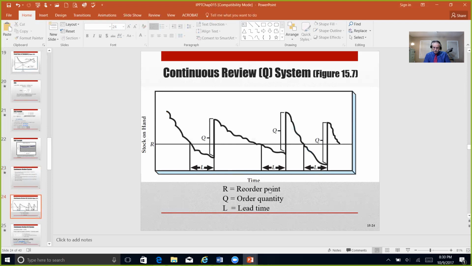That reorder point, R, is the point where, once my inventory is being used up, I hit my reorder point, R. That may be my minimal level. As my demand still continues, my order is now being generated through the system, and now I'm dealing with this lead time, from the time I place the order until my stock is replenished and I'm back above my reorder or minimal level.